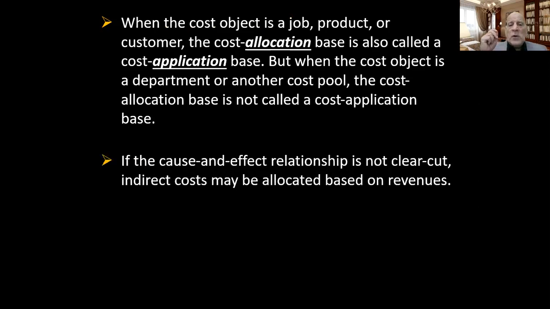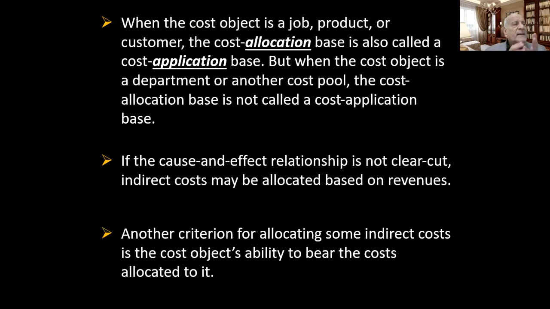And if the cause and effect relationship is not clear-cut, indirect costs may be allocated based on revenues. Another criterion for allocating some indirect costs is the cost object's ability to bear the costs allocated to it.